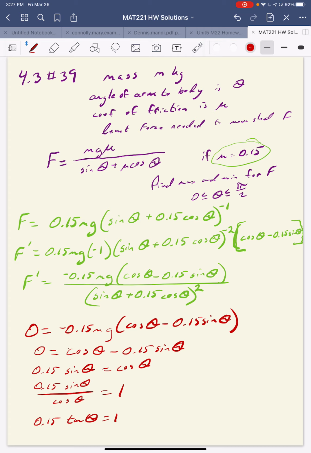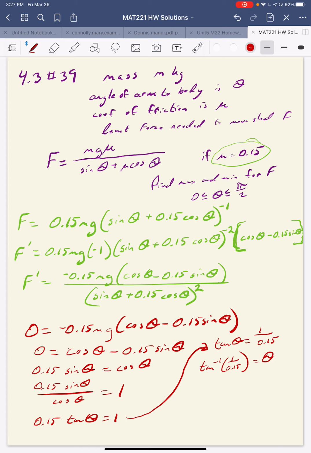So then that tells me, I'm going to draw a little arrow up here, that tells me that tan theta equals 1 over 0.15. So then I take inverse tan of 1 over 0.15 equals theta, because that's what the inverse function does.